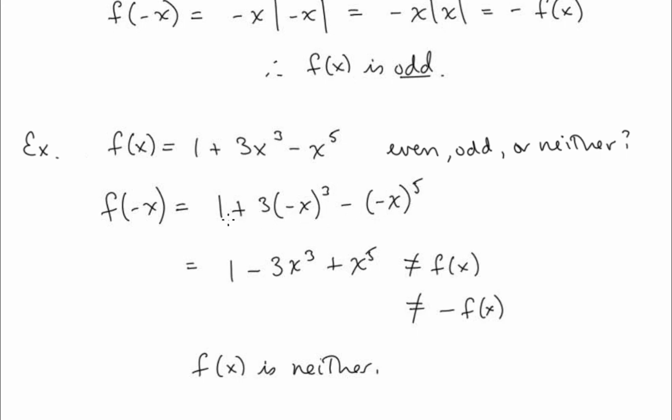Simplifying out, we realize that this is going to be 1 minus 3x to the third, and we'll get a negative sign that comes out here, so this will be plus x to the fifth. And notice this is not the original function f of x. It's also not negative of f of x, because we still have a positive 1 here. So f of x is neither odd nor even.